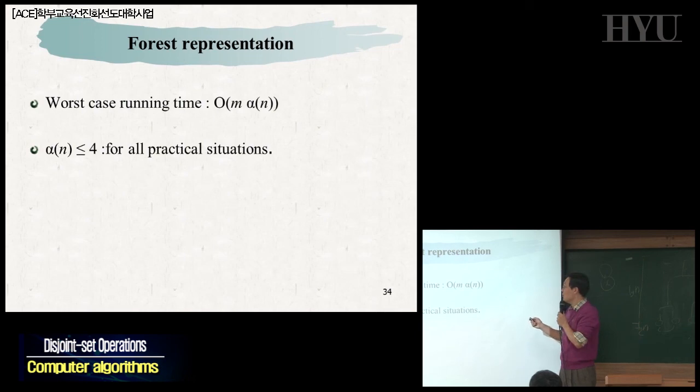So this value can be considered as a constant. So this is almost linear, big O of m. But the analysis of this forest representation is very, very difficult. So I don't consider the analysis this time.